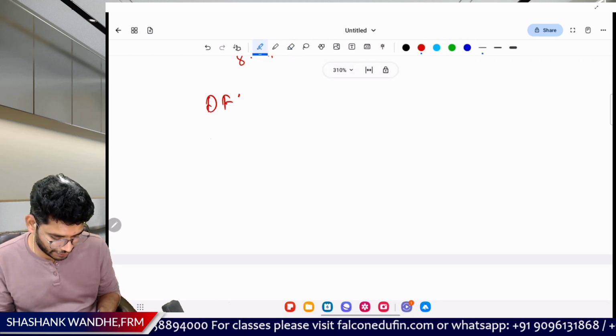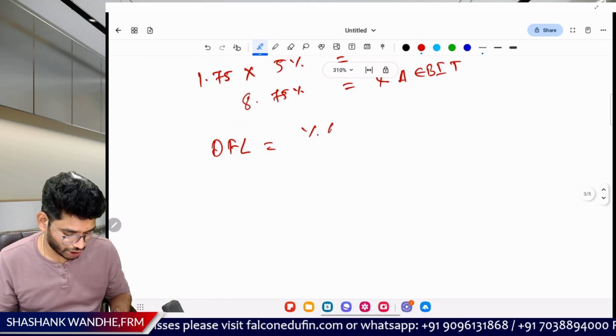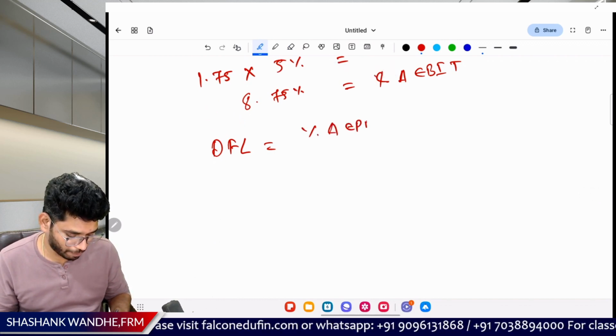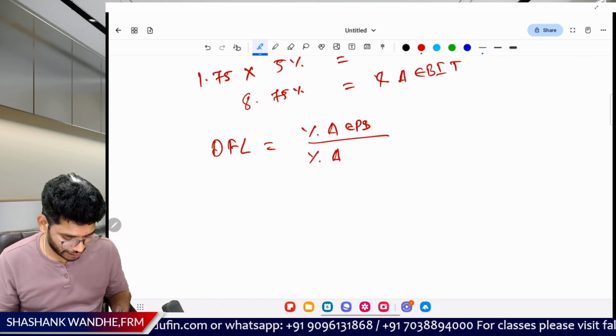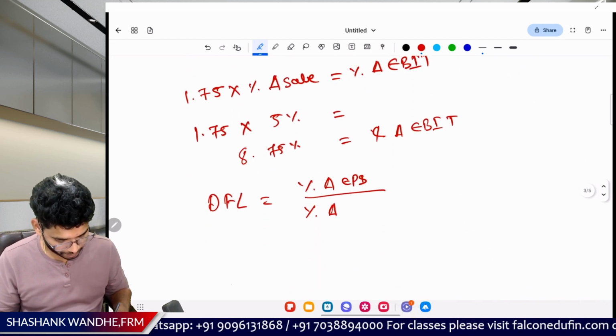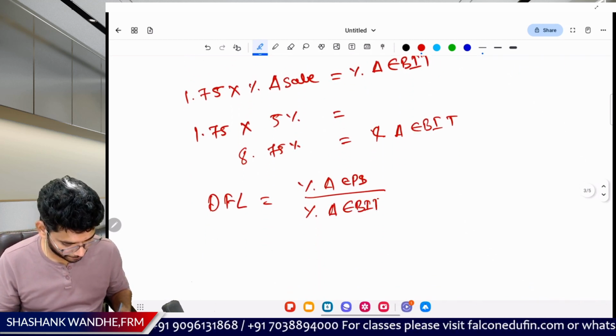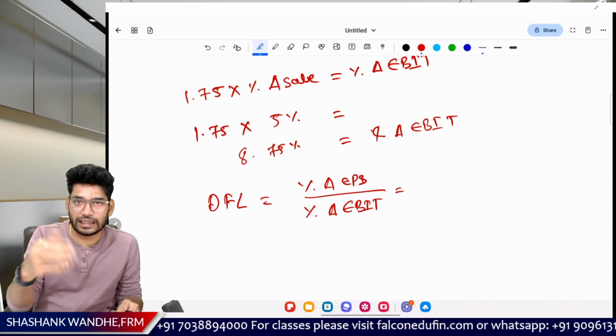Degree of financial leverage. The degree of financial leverage formula is percentage change in EPS, earnings per share, divided by percentage change in EBIT. Again, EBIT to EPS is mainly the interest and taxes.